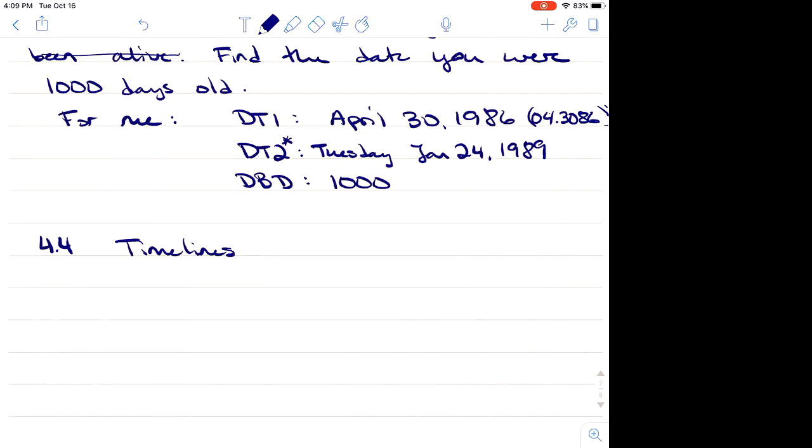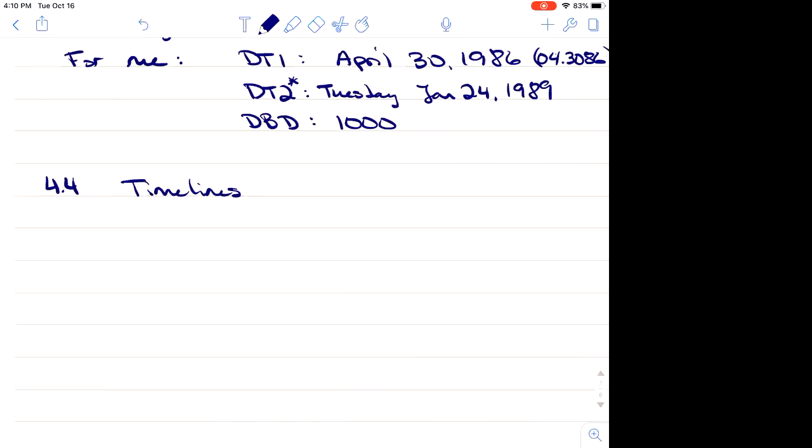So in its most basic form, a timeline, you're going to start with your initial date and just draw a line to some end date. Your timeline is always going to start like this.